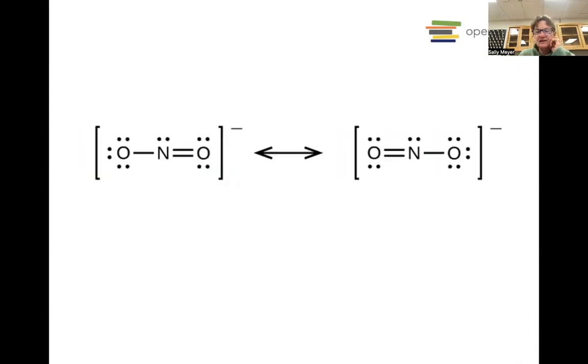So you draw a double arrow to represent that you probably have a molecule that has about 1.5 bonds between the nitrogen and each oxygen. You don't have a double single, but because you can write these two structures, they're called resonance structures. And by putting the arrow there, you're saying that the true anion, NO2 minus, is a hybrid of those two. We call it a resonance hybrid.